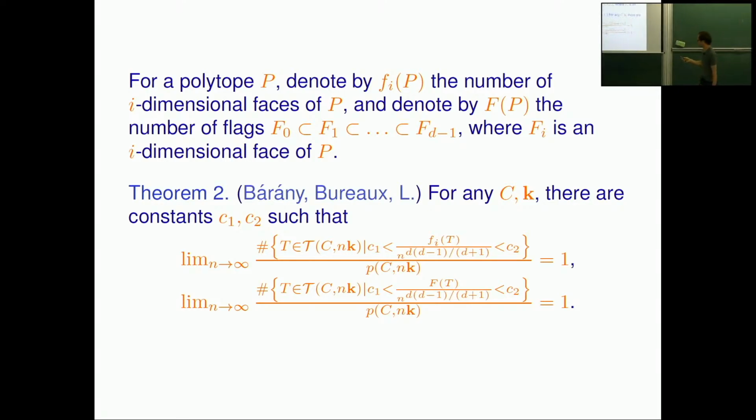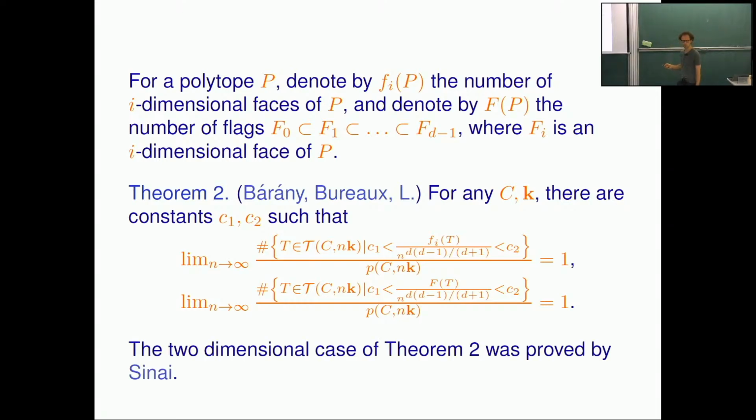But since we're unable to really determine the asymptotics of the log for any i, we just give two different constants that will cover all dimensions. And similarly, the same bound applies for chains, or flags, I'm sorry, where you take a vertex inside an edge, inside a two-dimensional face, inside a three-dimensional face, etc.